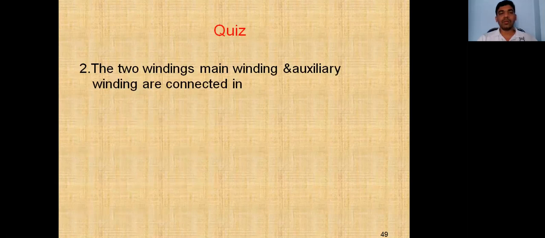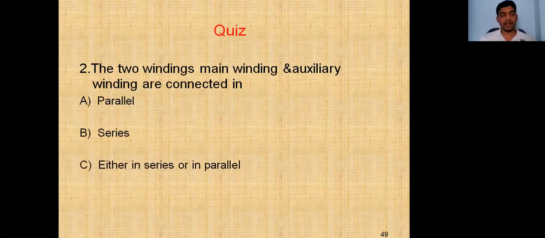The two windings, main winding and auxiliary winding, are connected in parallel. Option A parallel, option B series, option C either series or parallel.